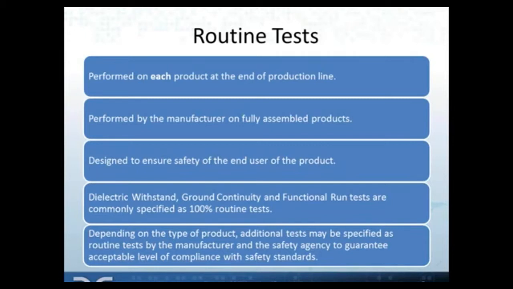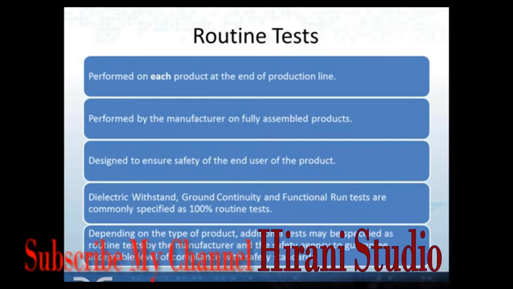Some examples of routine tests are the dielectric withstand test, the ground continuity test, and functional run tests. Depending on the type of product, additional tests may be specified as routine tests by the manufacturer and the safety agency to guarantee an acceptable level of compliance with the safety standard.